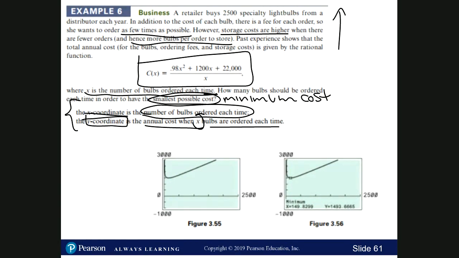And so we have to go back to the problem and analyze certain things. First of all, the number of light bulbs that could be ordered, which will be x, is going to be greater than or equal to 0, and it's going to be smaller than or equal to 2,500. And that is given to us here in the sentence.